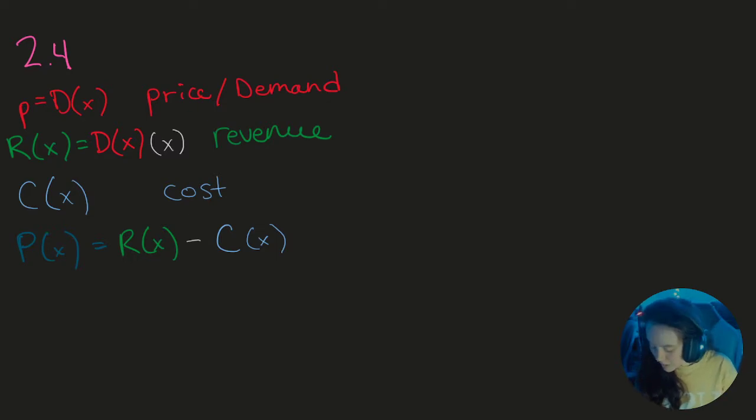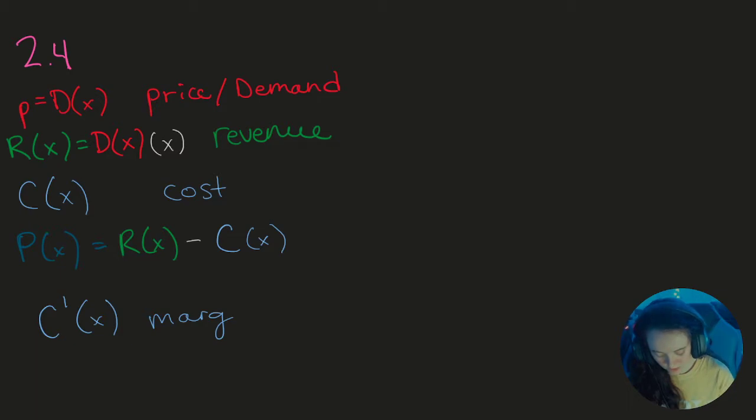So, a couple more important things. I'm going to use the revenue function as the example, because a lot of times, or actually, I'll use C because marginal cost is pretty frequent. So, C prime of x is your marginal cost.